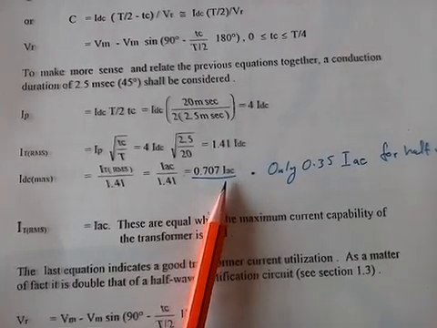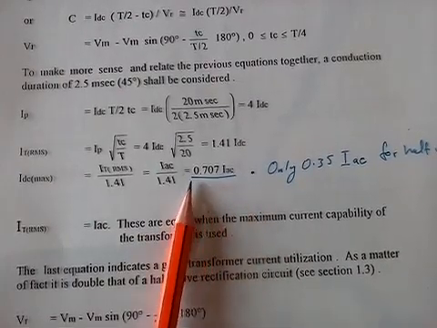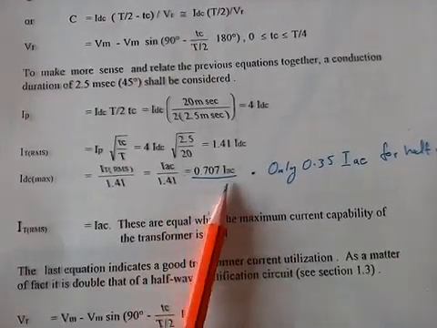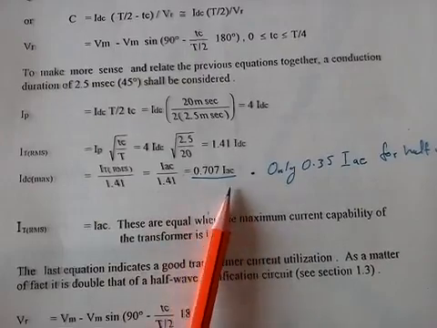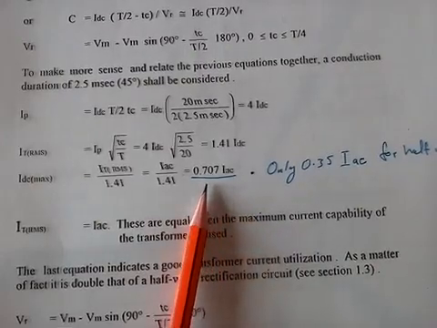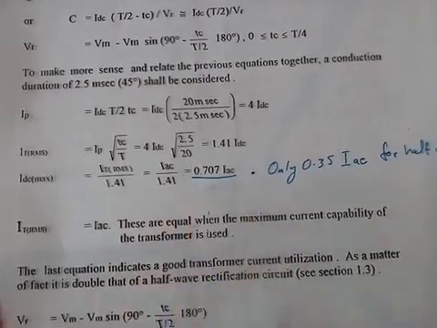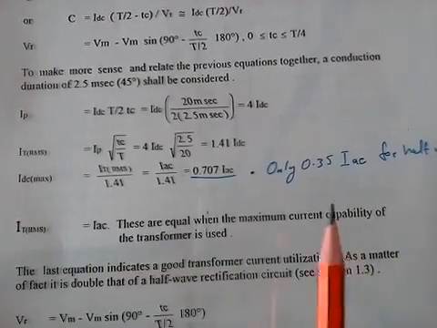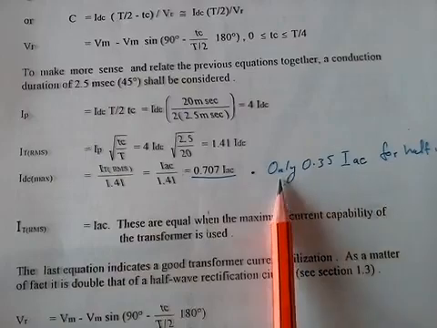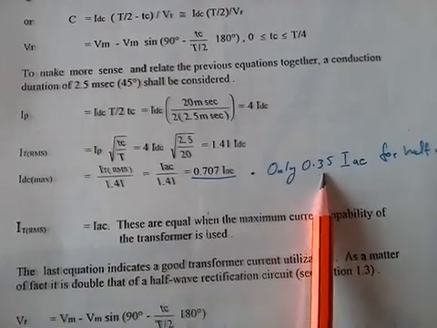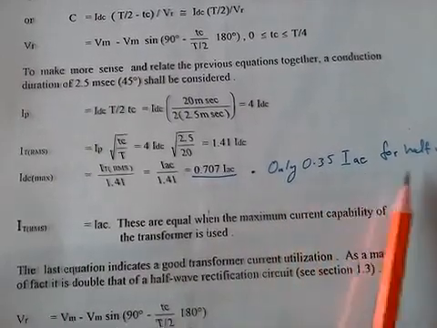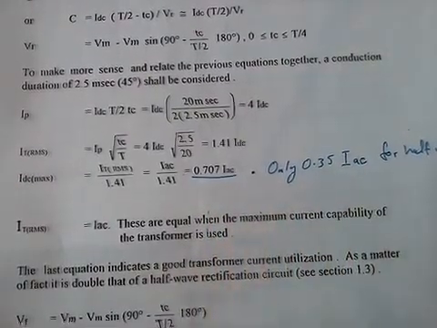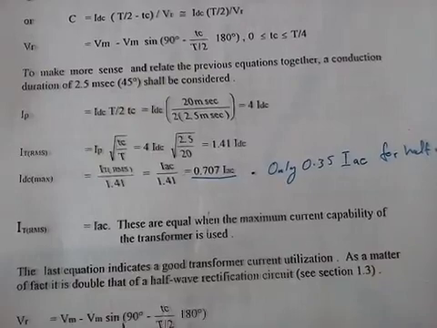So you are allowed to have as much as 71% of IAC of the transformer. You can't have more than that without exceeding the transformer specifications. As we had earlier, for the half wave, we got only 0.35 of the IAC. So this is double of what we had for the half wave rectification.